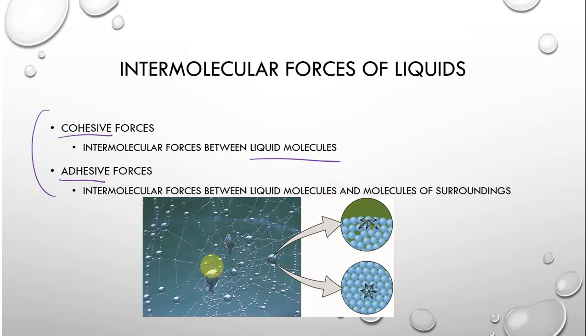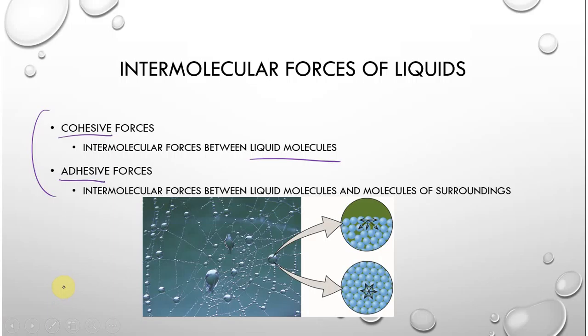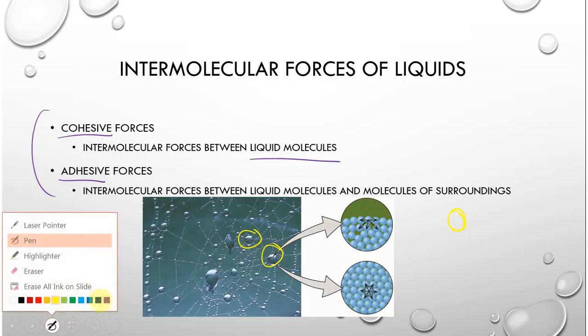You can consider, for example, the water droplets on a spider web. The droplets hold together in a spherical shape because of the cohesive forces that are present in that liquid. On the other hand, they stick to the web rather than fall the way gravity would intend because of the adhesive forces that exist between the water droplets and the spider web.